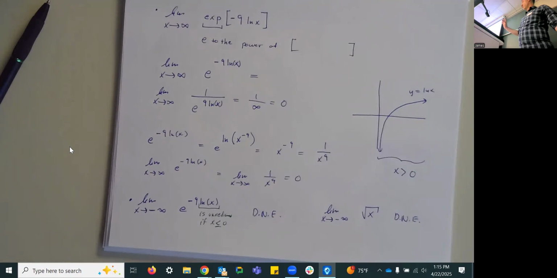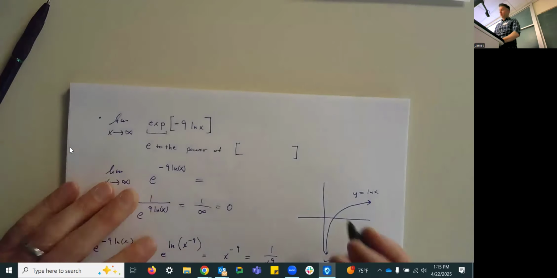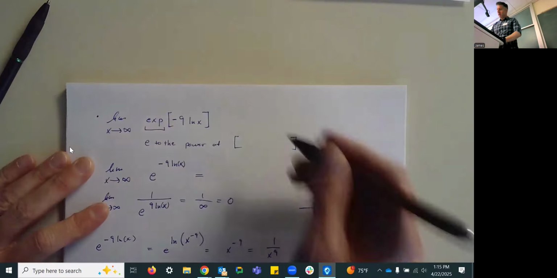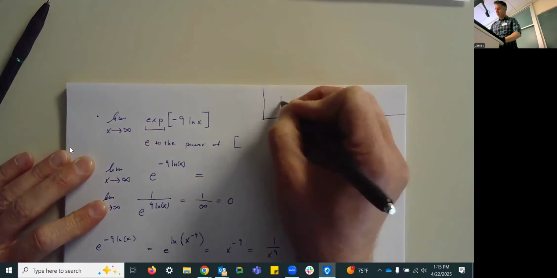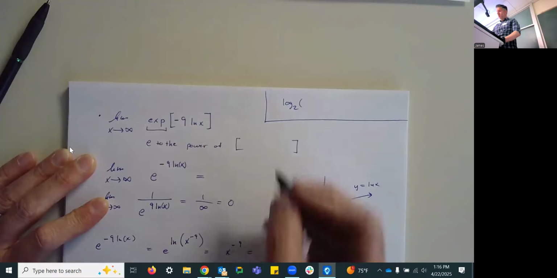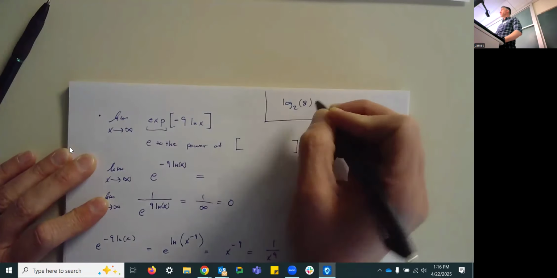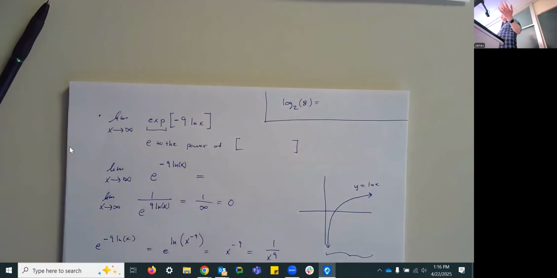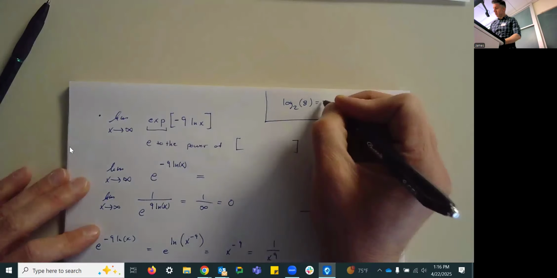This is a reminder, right? The reason the natural log of a negative number is undefined is because if I asked you, using a different base, what's log base 2 of positive 8? Everybody? 3, because 2 to the third is 8.